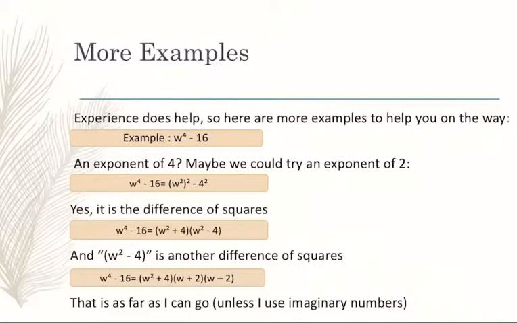So w to the power of 4 minus 16 equals bracket w squared plus 4 closing bracket times bracket w squared minus 4 closing bracket, and bracket w squared minus 4 closing bracket is another difference of squares.